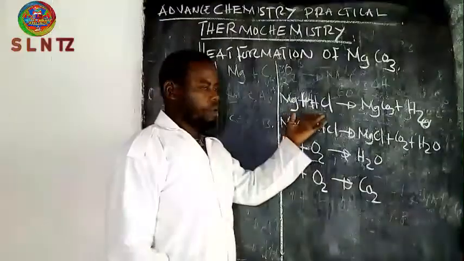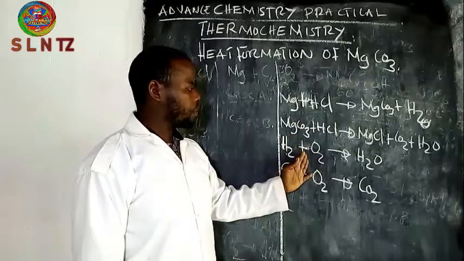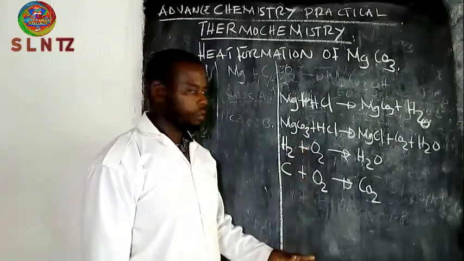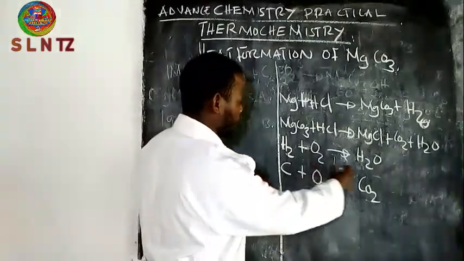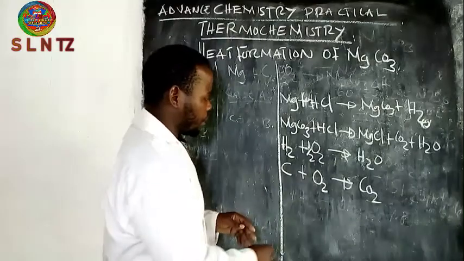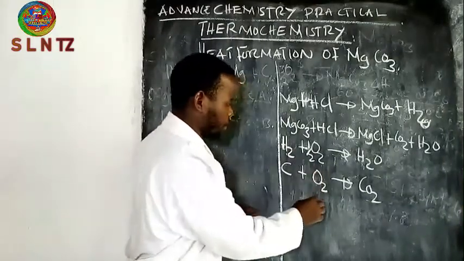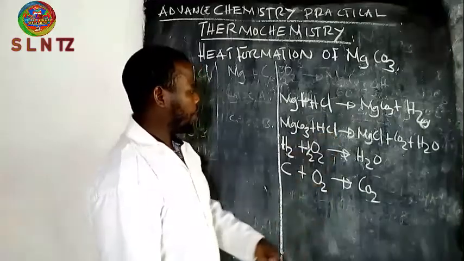So by looking at the equations in case 1, case 2, and the formation of water and carbon dioxide, when you balance, this one is balanced, and those are balanced.